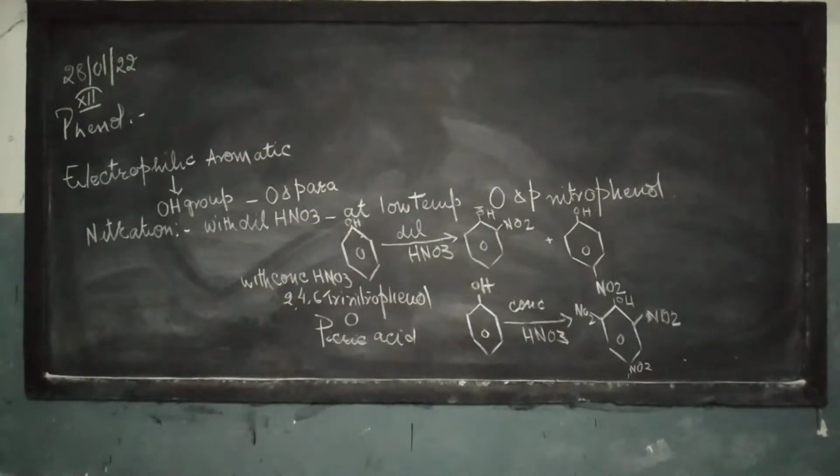With concentrated nitric acid, we get 2,4,6 trinitrophenol, also known as picric acid. Now I am going to rub this out and write another reaction.